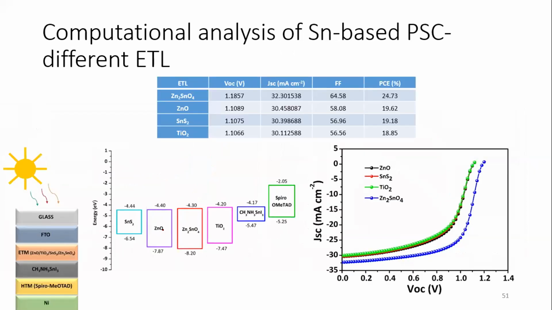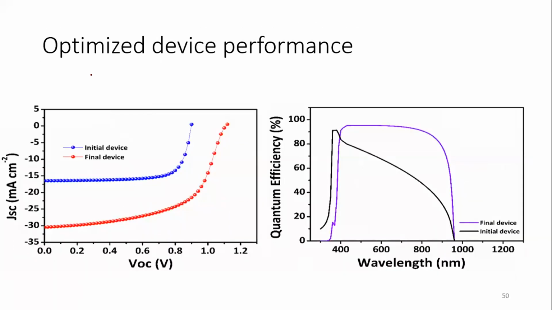He also did something extra beside this tin-based solar cell using zinc oxide as an electron transport layer. In this work he used zinc oxide as an electron transport layer.